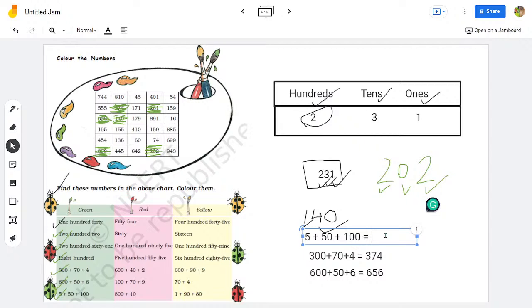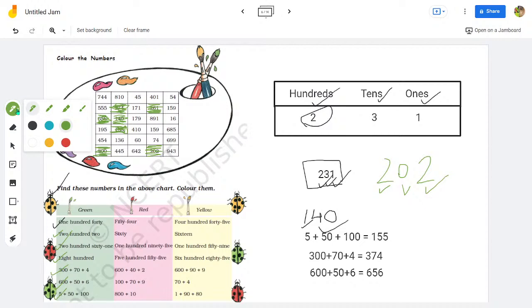And 100 has two zeros, which means we have 1 in the hundreds column. So we would write that as 155. And we have 155 over here. So these numbers are being colored green.